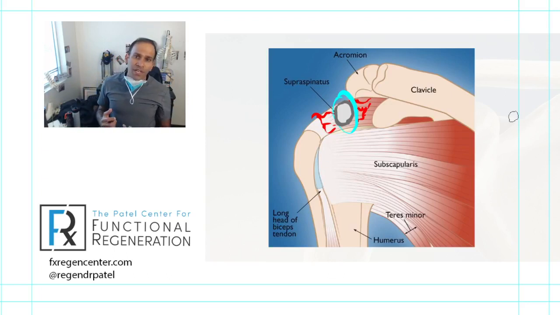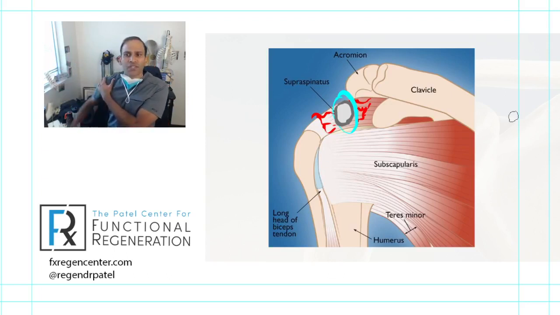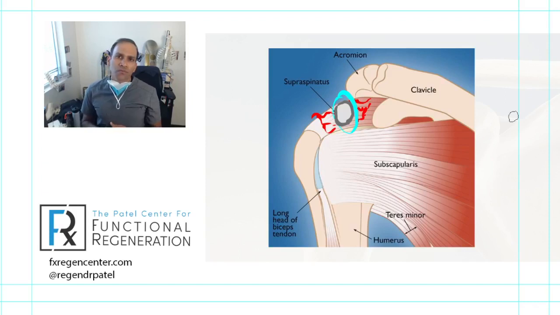Avoiding certain exercises like your overhead press and your other deltoid exercises like flies and things that are going to strengthen the deltoid but ultimately potentially cause some further impingement of the rotator cuff. Getting the body moving correctly ends up being the most fundamental part of treating rotator cuff pathology.